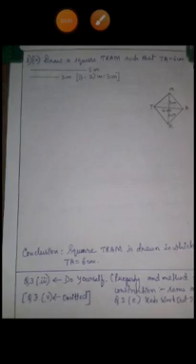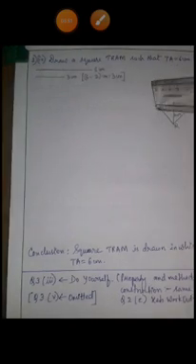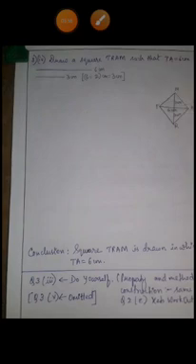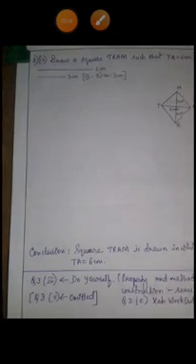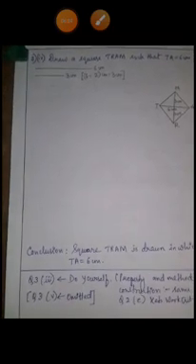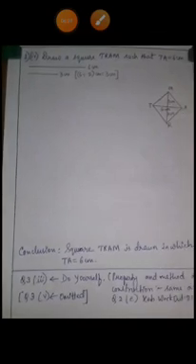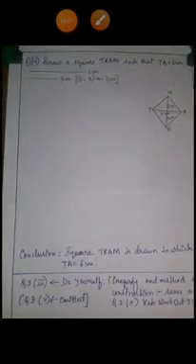So after drawing the rough diagram, we find that this T and A, they are not the adjacent vertex, they are the opposite vertex. That's why we have to consider this TA as the diagonal of the square, right?